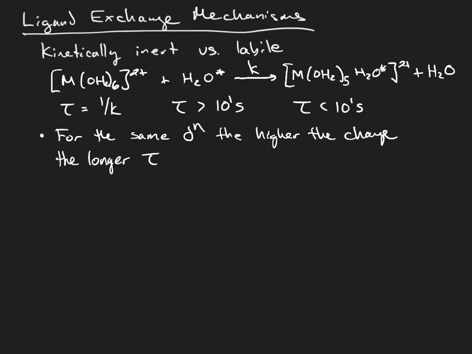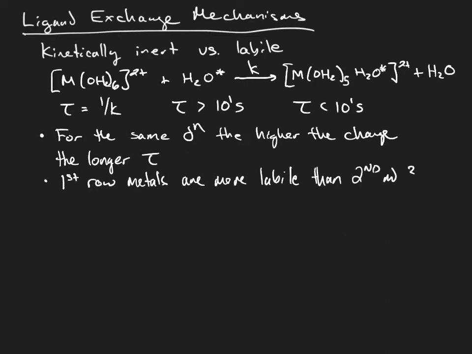If we look down a column in the transition metals, what we find is that first row metals are more labile than second and third row metals.